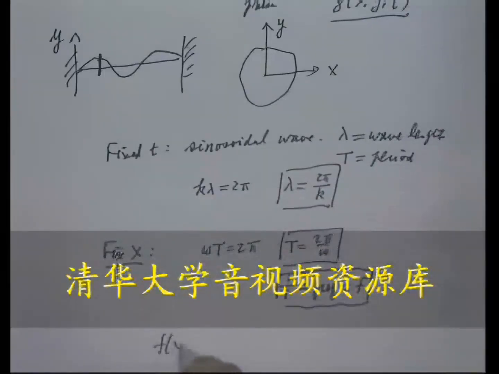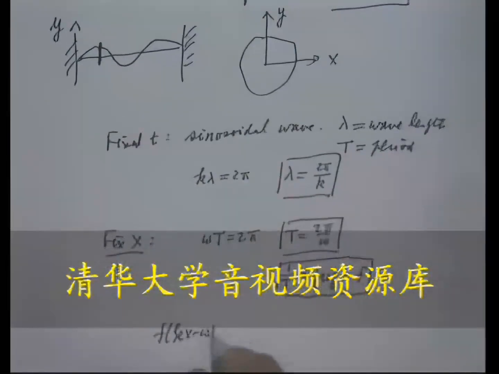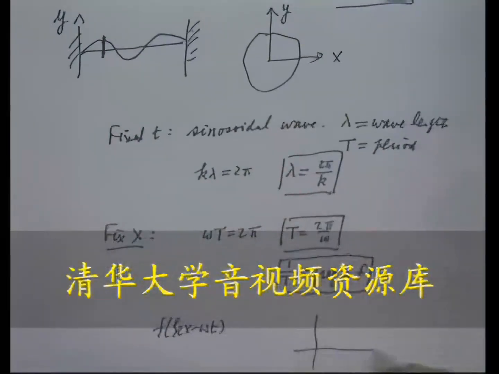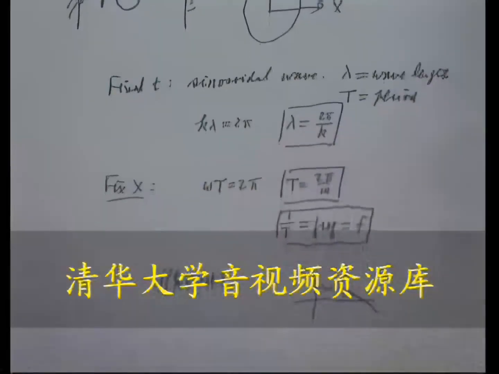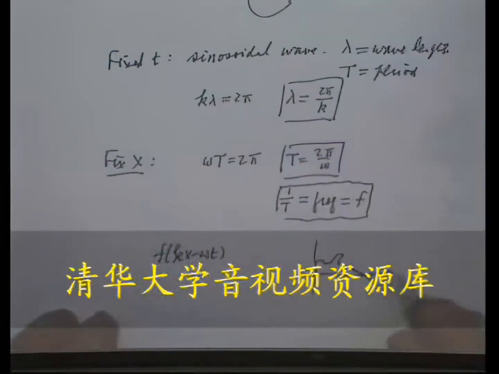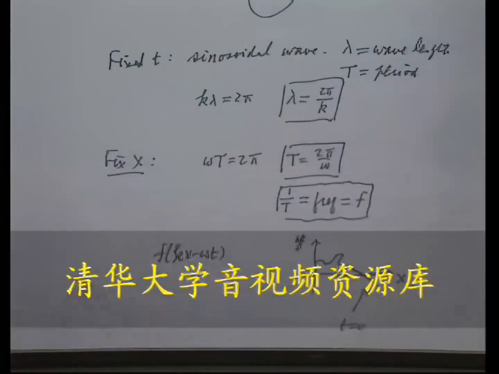Suppose we have f of kx minus omega t, whatever shape of function this is. This is x, this is y, this is f, at t equal to 0. Now I increase t a little bit, then this point would move forward.